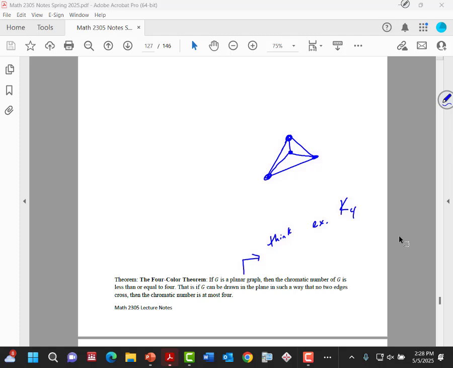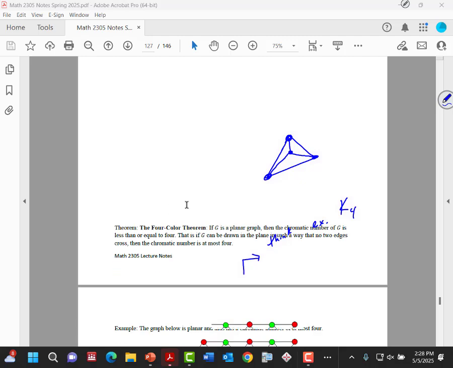This is why this is called the four-color theorem. That is, if G can be drawn in the plane in such a way that no two edges cross, then the chromatic number is at most 4. It puts a cap or a ceiling on the maximum number of colors needed to do a proper coloring.